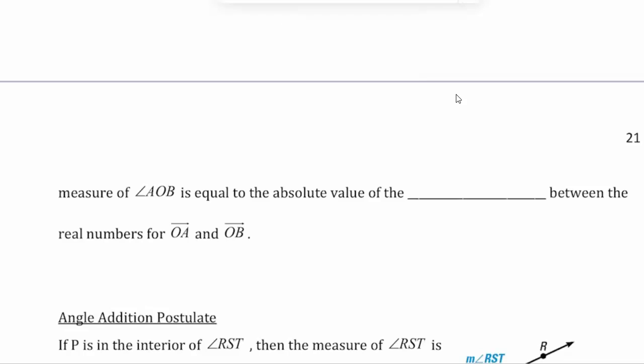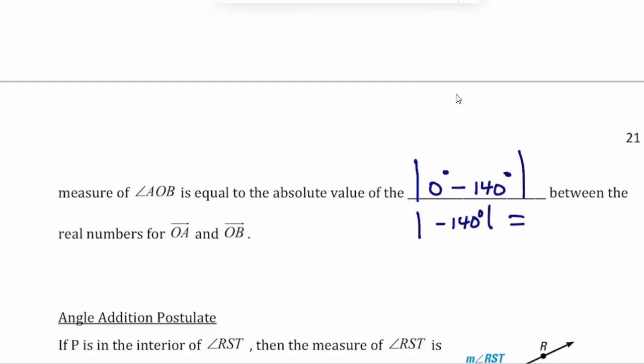Okay, so what you can do to figure out the measure of the angle, take the first value, which was 0, and subtract away 140. You're going to do it under the absolute value symbol. So that angle is going to be the absolute value of negative 140.